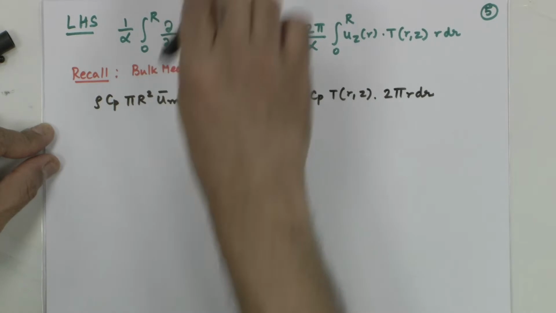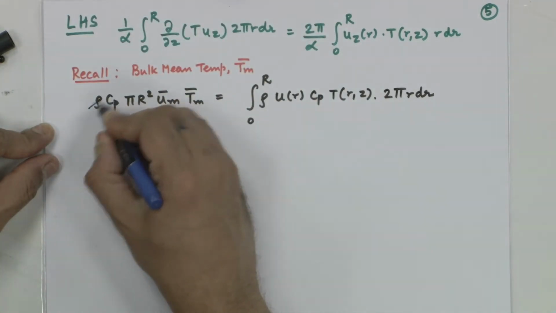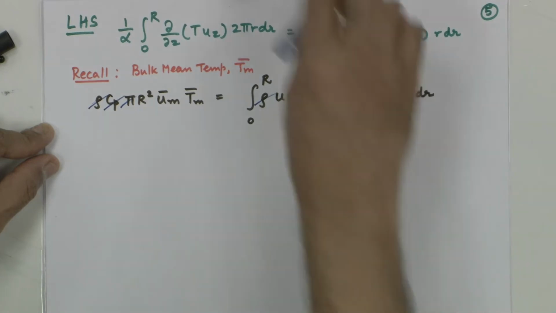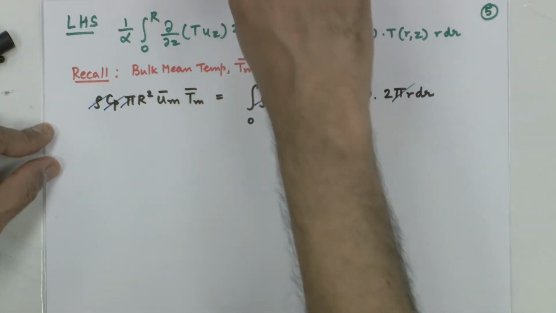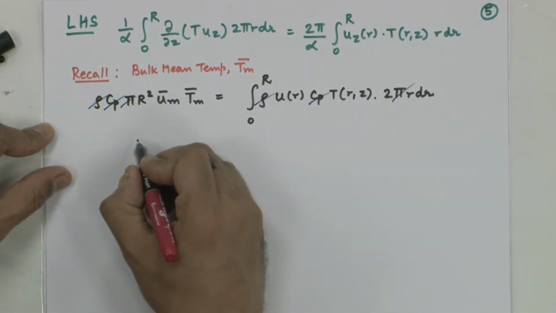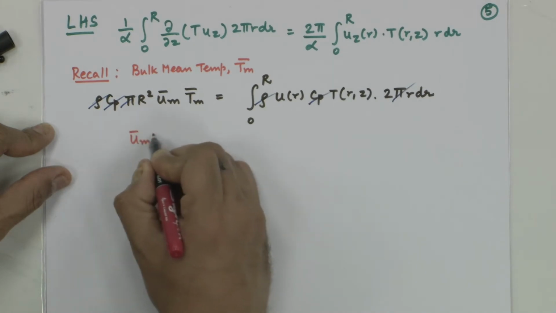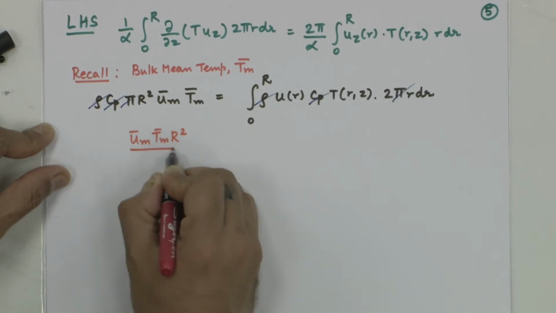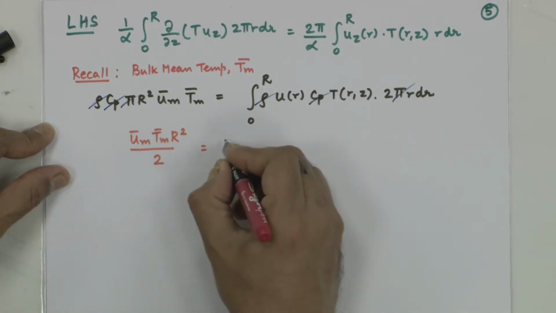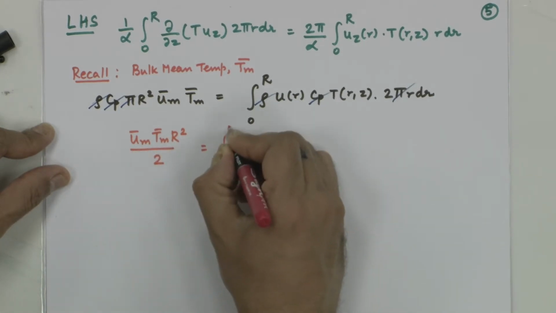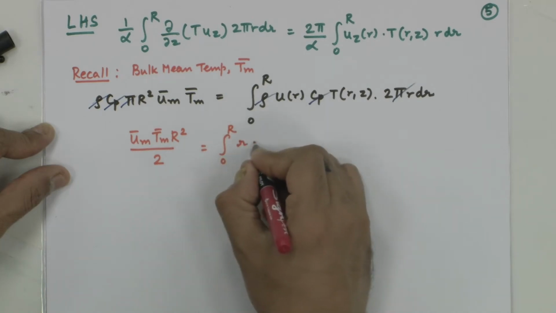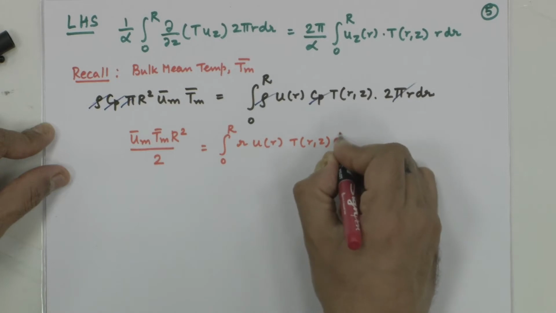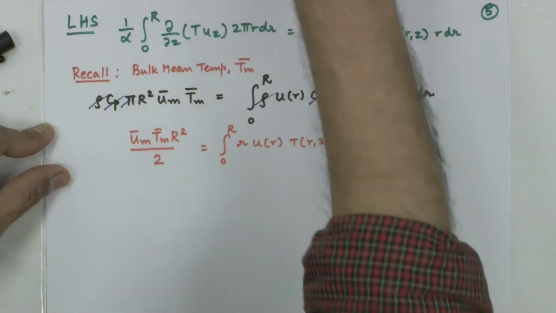So, if I cancel rho, Cp and pi, I am left with u bulk mean Tm capital R squared by 2 is equal to the integral from 0 to capital R of r u of r T of r comma z dr. And what is this?